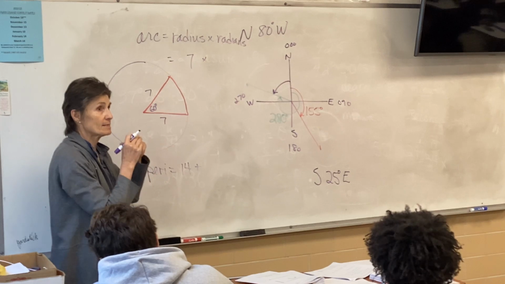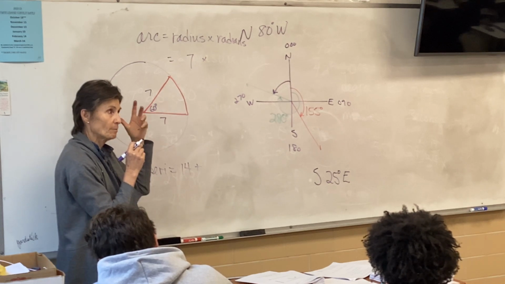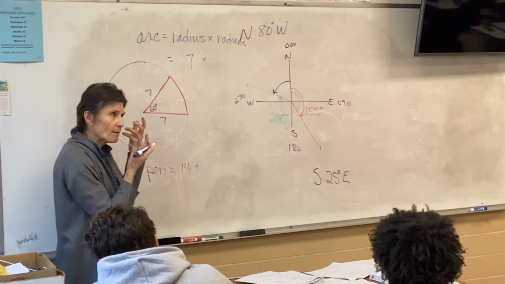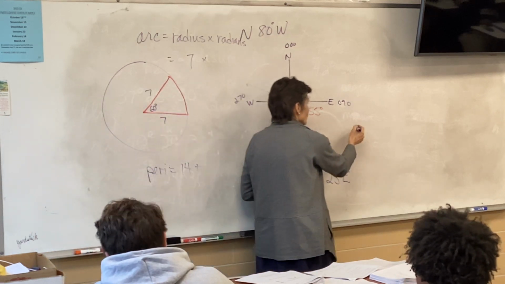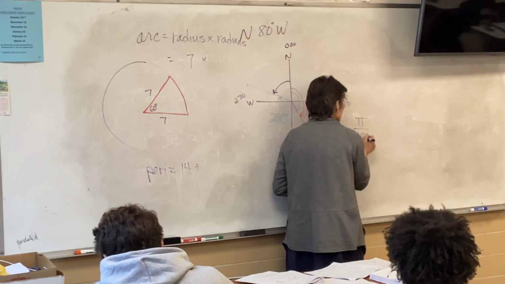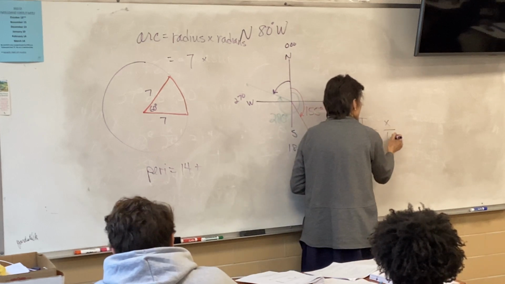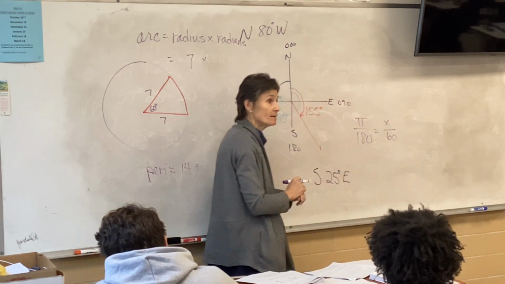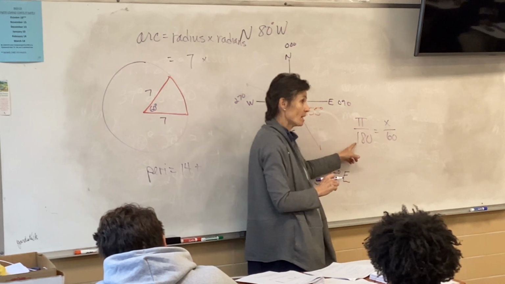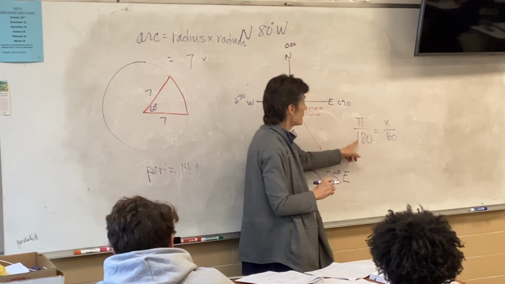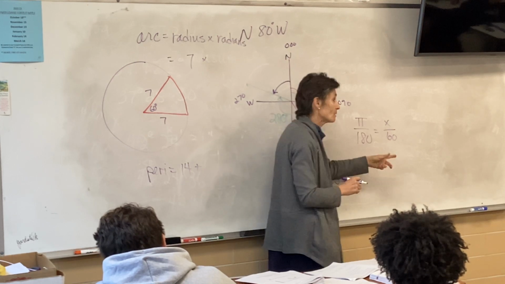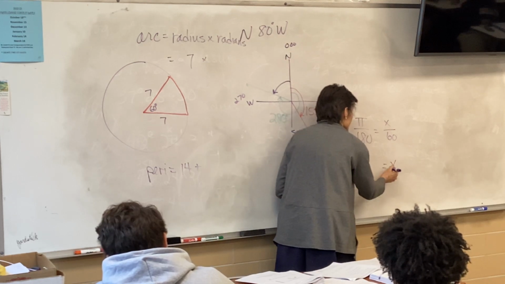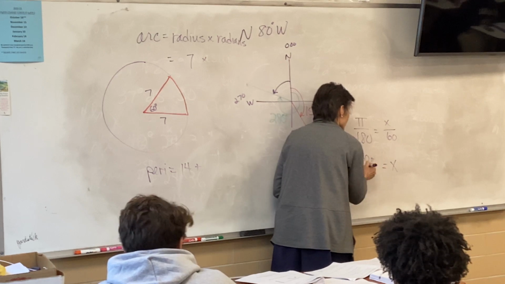Now it's an easy degree, so you might just be able to figure out how many radians that is, or you can do it with the proportion. Pi is to 180 as something is to 60. I know pi radians is 180 degrees. How many radians are 60 degrees? Well, did you think to yourself, pi over 3?